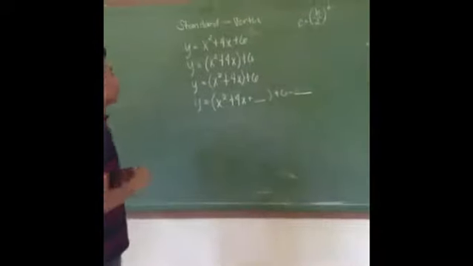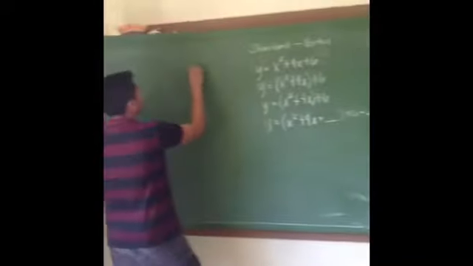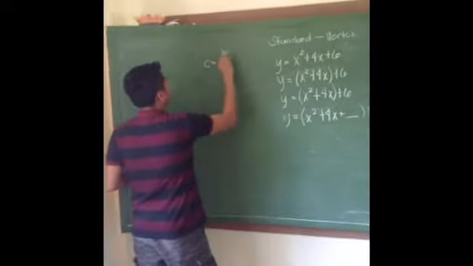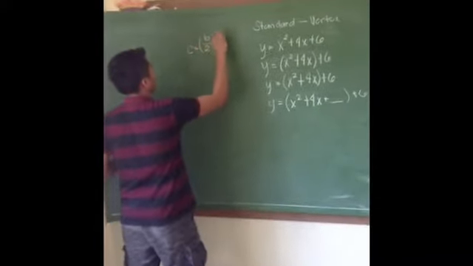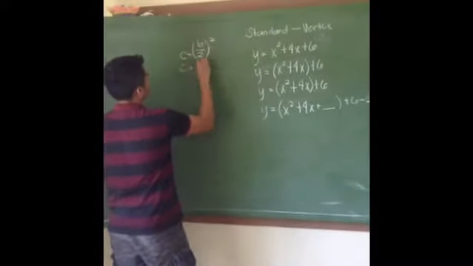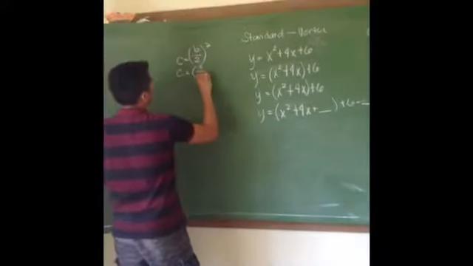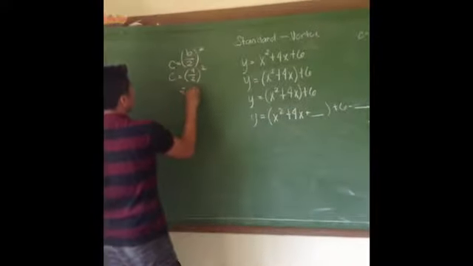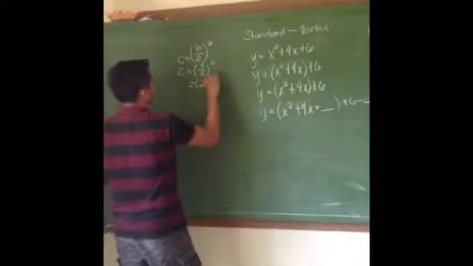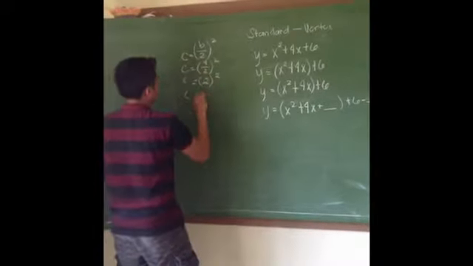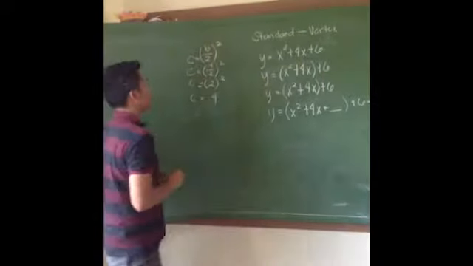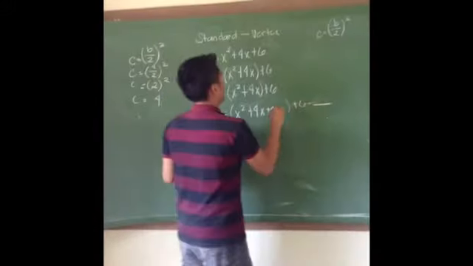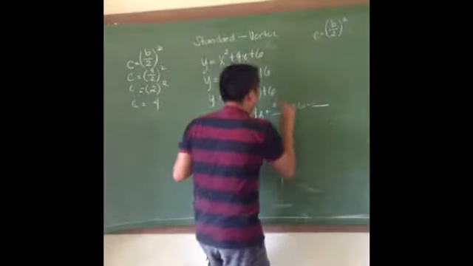In getting the c, we must use the formula c is equal to b over 2, squared. Then we have our answer, c equals 4. Then place it in the c.